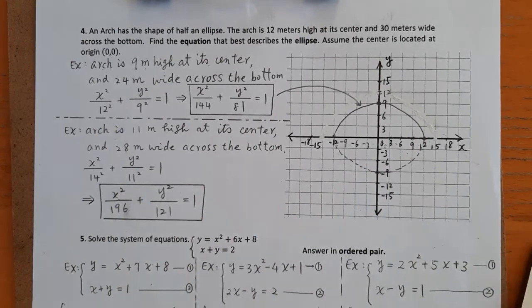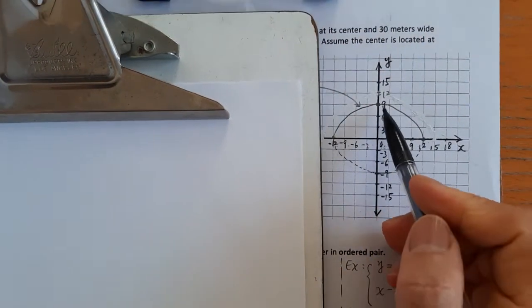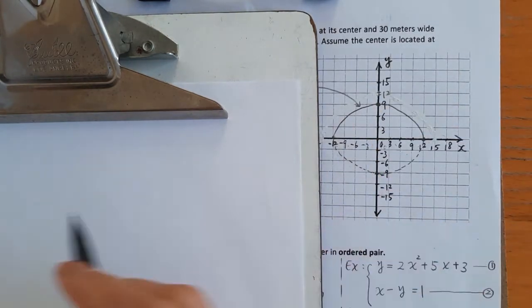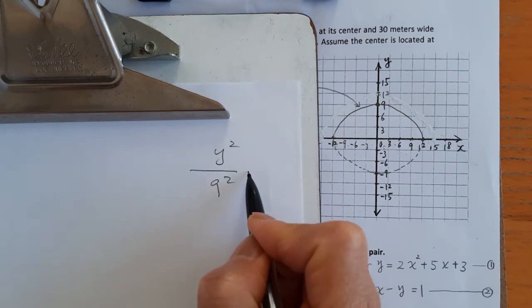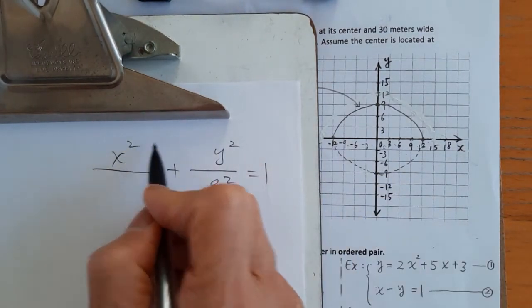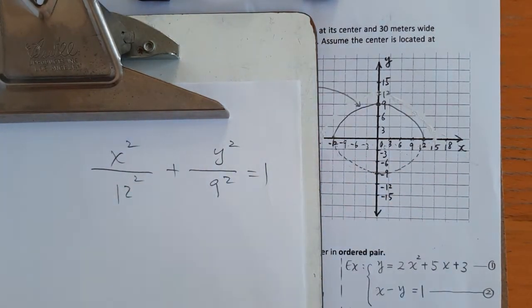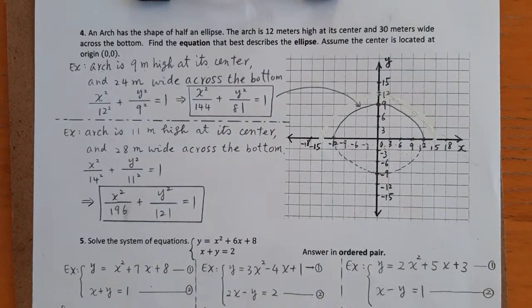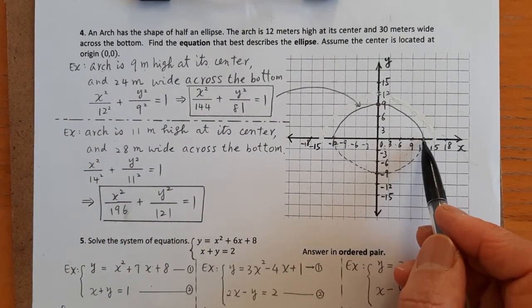So you look at this graph, here's 9 along the y-axis. So you put y squared over 9 squared, equal, plus, an ellipse is plus, x squared, on the x-axis this is 12. So you put 12 squared.